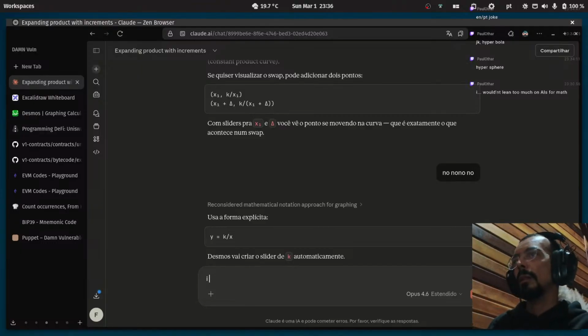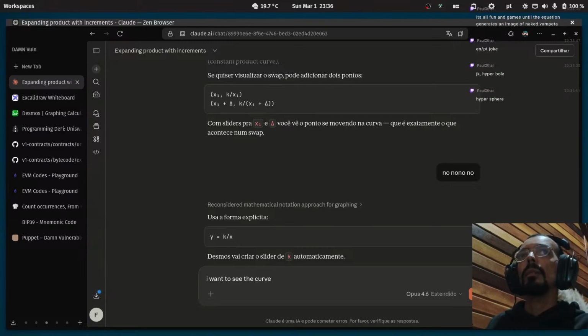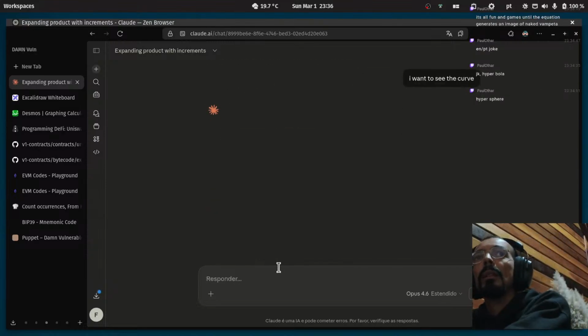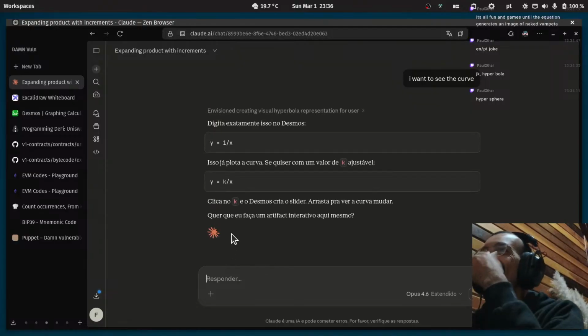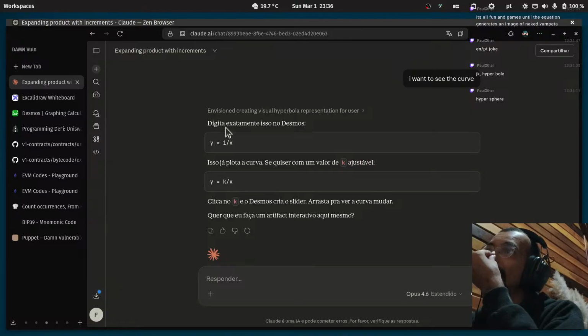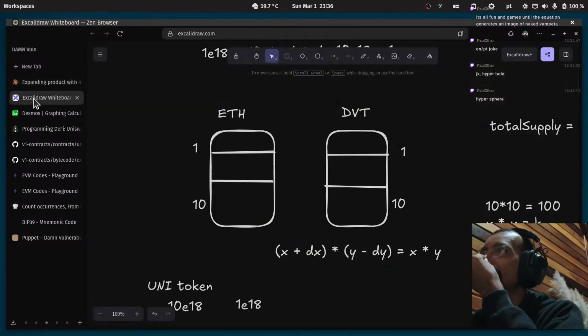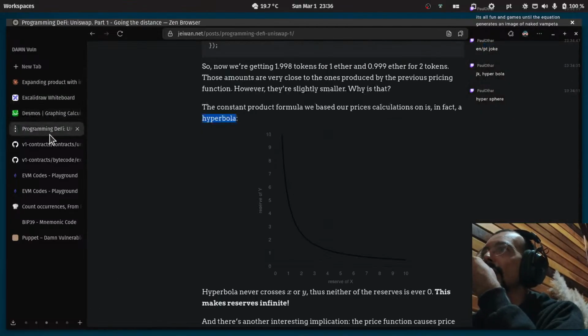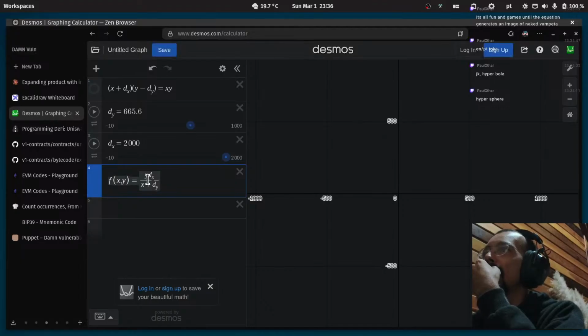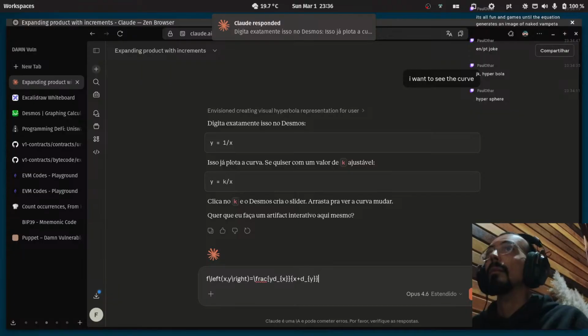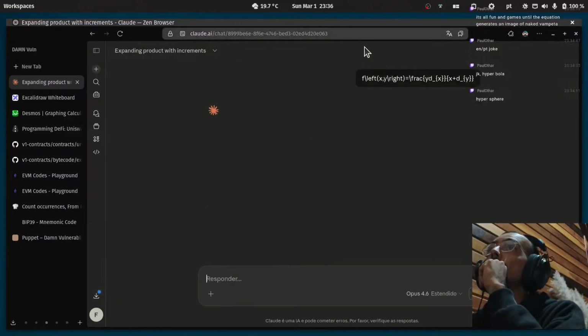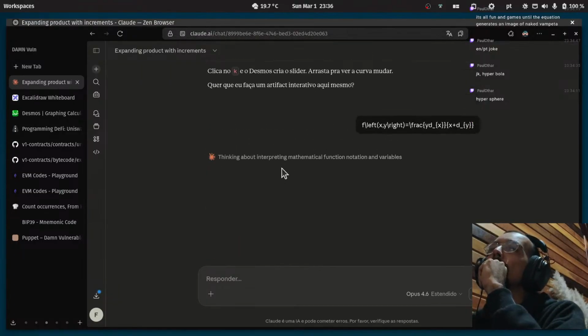I want to see the curve. It's all fun and games until the equation generates an image naked vampet. They're going to be terrifying. Now I don't know how to ask it to do that. Let me copy this. Let's see.